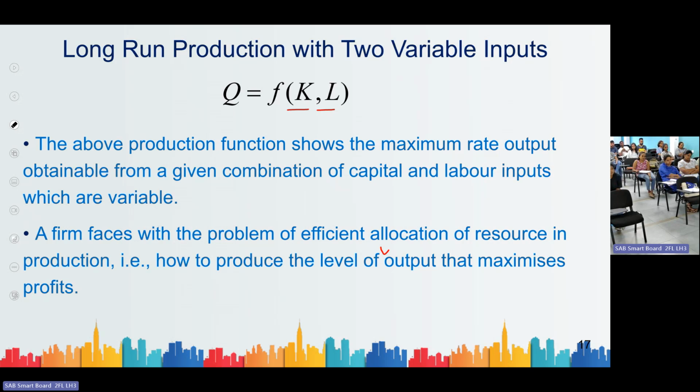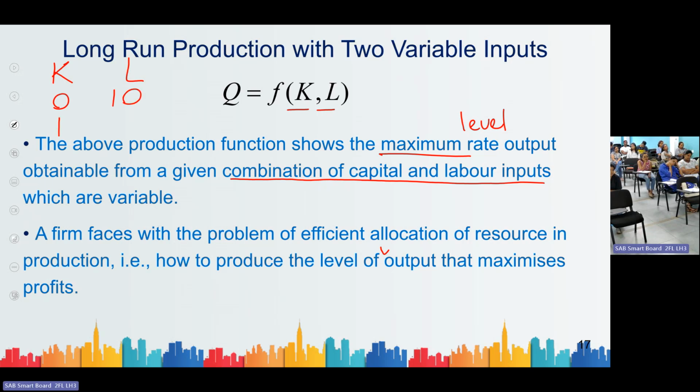This production function shows the maximum level of output obtained from a given combination of capital and labor. There may be different combinations of K and L. With zero amount of capital, we can combine 10 units of labor.